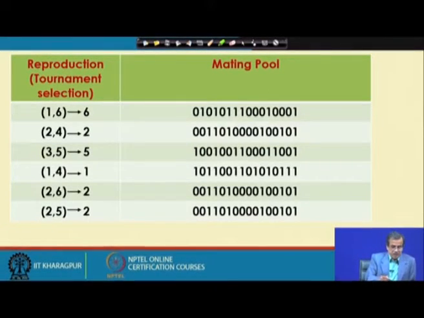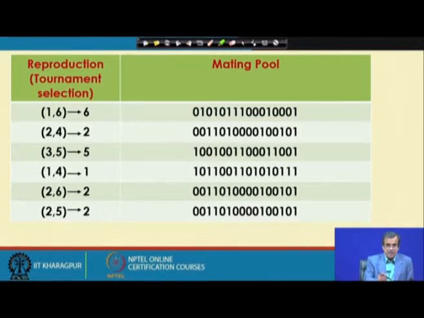In this tournament selection, we try to compare the fitness values, and before that we will have to decide what should be the size of the tournament. There are 6 solutions here, 6 GA strings. So, I will have to play this tournament 6 times.